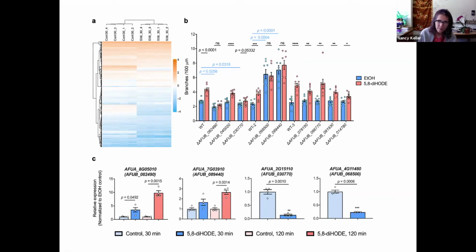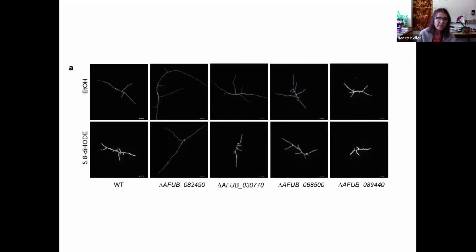So what were the phenotypes when you looked at them? These were the 5 deletion strains that did not respond normally to 5-8. So here's wild type, the ethanol carrier, and the 5-8, and you can see the higher branching.